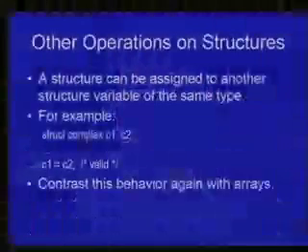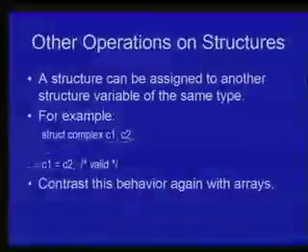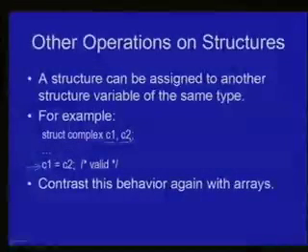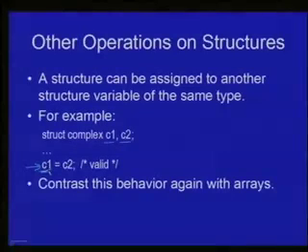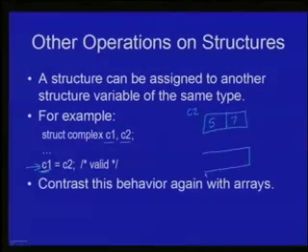Whereas in the case of structures, a structure variable represents the contents of the structure and not its starting address, and therefore it can appear on the left side of an assignment like this. So if C2 happens to have the value 5 plus 7i, then after this assignment statement, C1 will also have the value 5 plus 7i, and this value gets copied here.